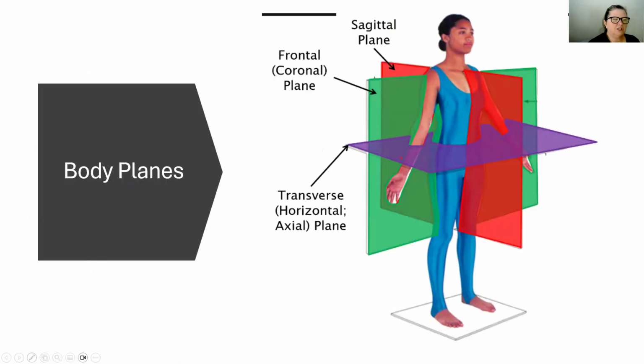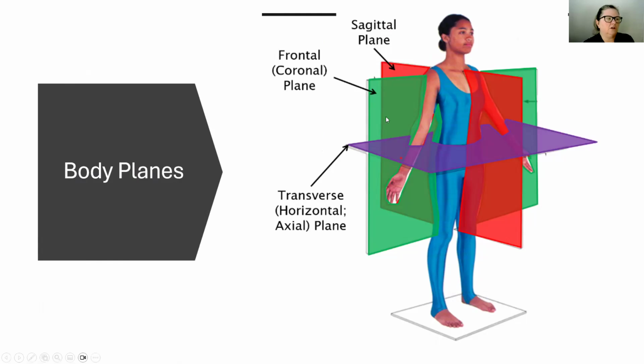There are also what are considered the body planes. These divide top and bottom, front and back, left and right, and they have names as well. The red plane here, dividing straight through the middle of the body into left and right sides, is called the sagittal plane.